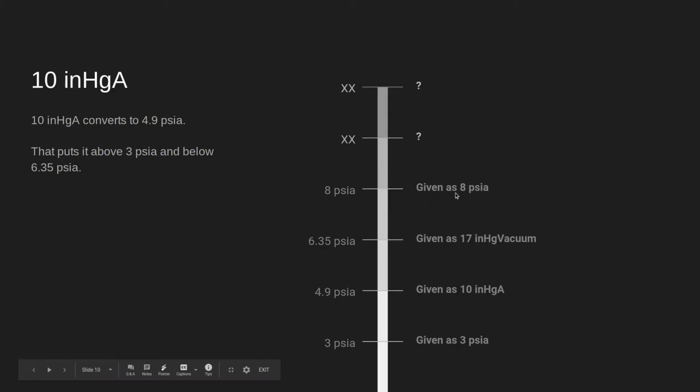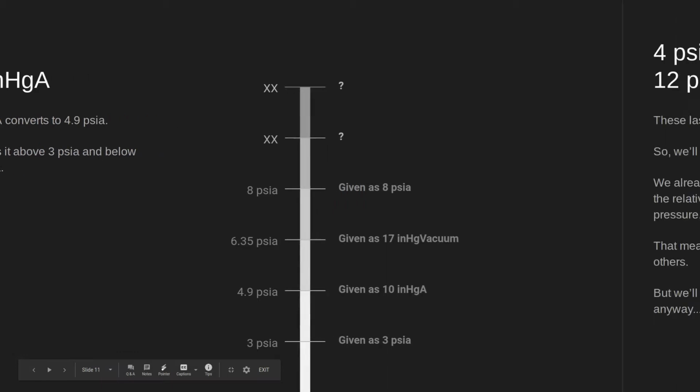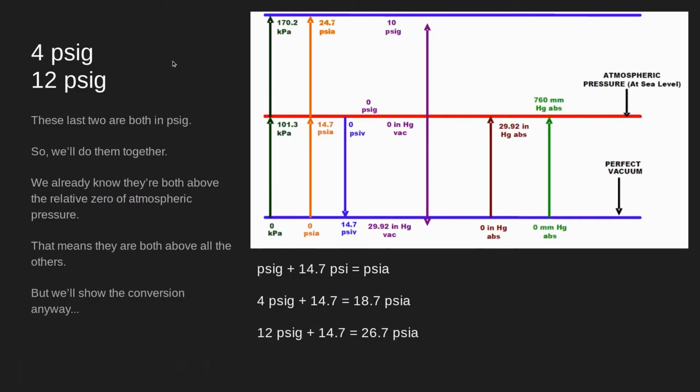All right, with 2 left, both of these are in psig, that's pounds per square inch gauge. If you remember, gauge is relative to atmospheric. It's how many pounds per square inch above or below 14.7 psia, this red horizontal line in the middle of your page. So we know we're 4 pounds and 12 pounds above this relative zero, which tells us they're above all the other ones we've sorted out.